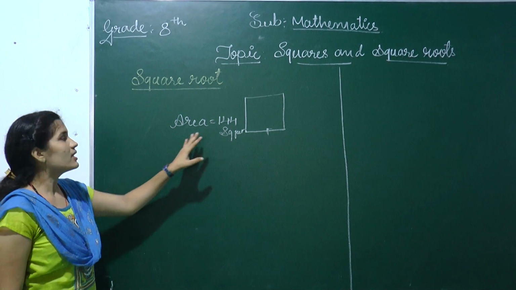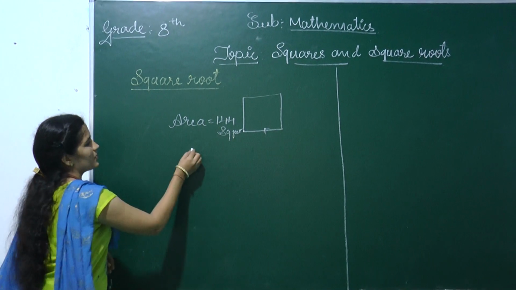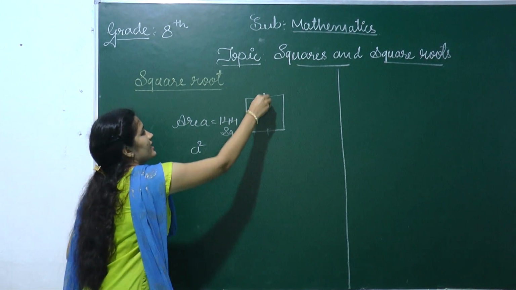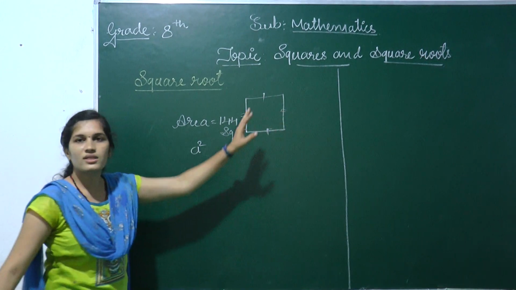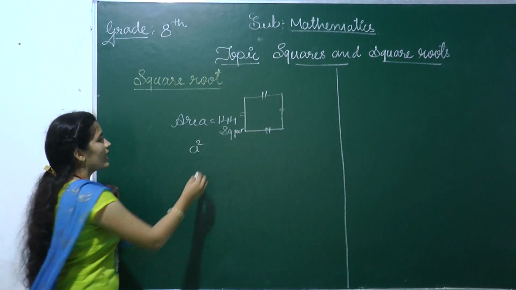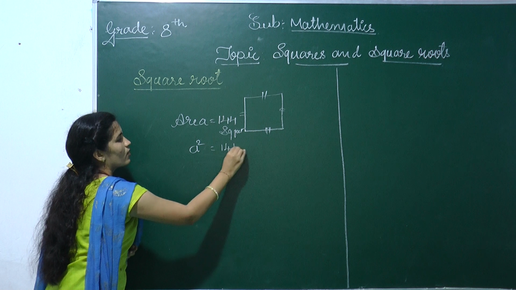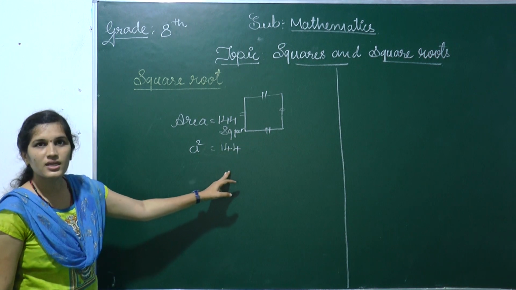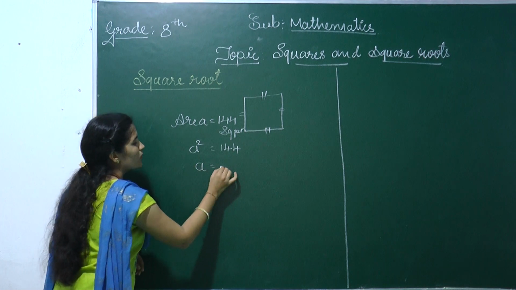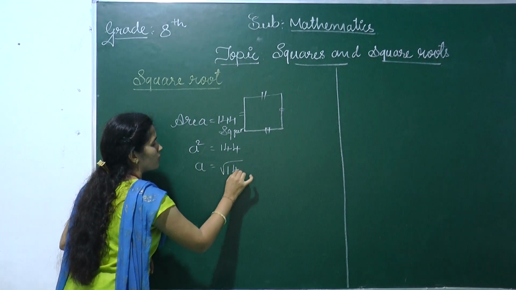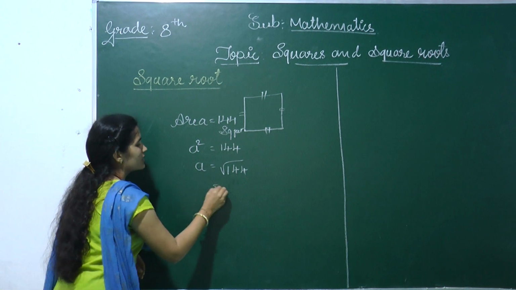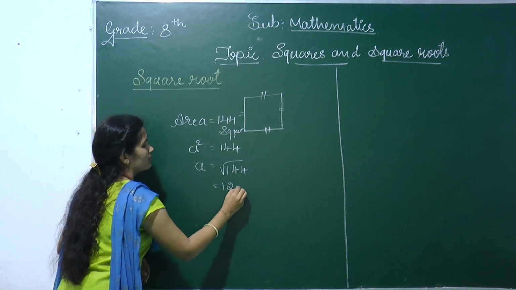We know that the area of a square is represented by a squared, because all the sides are equal in a square. So a squared is equal to 144, and a is equal to root 144. The square root of 144 is equal to 12 feet.